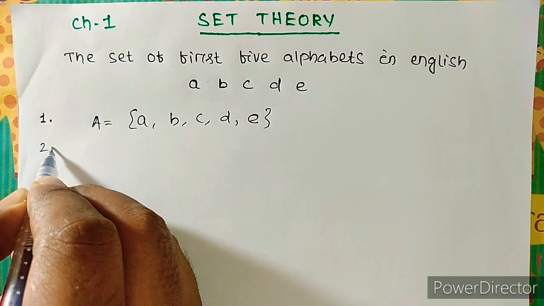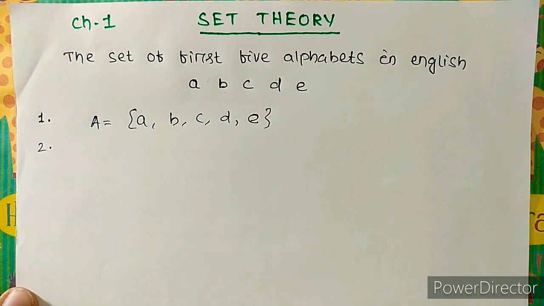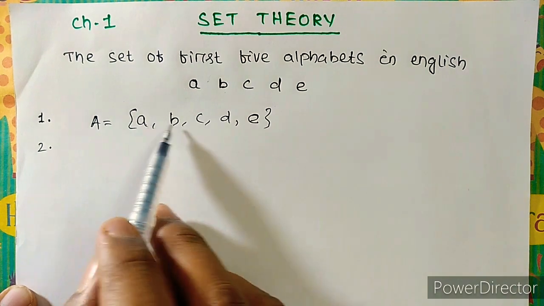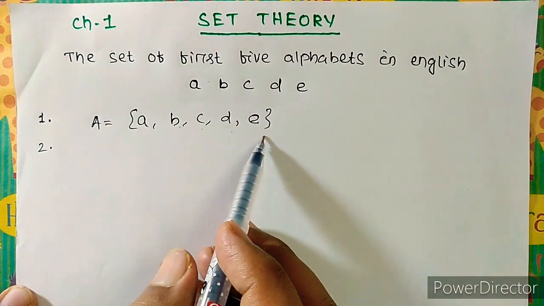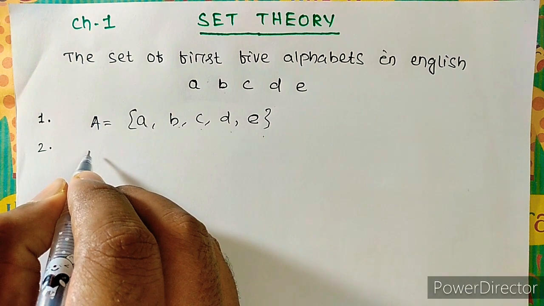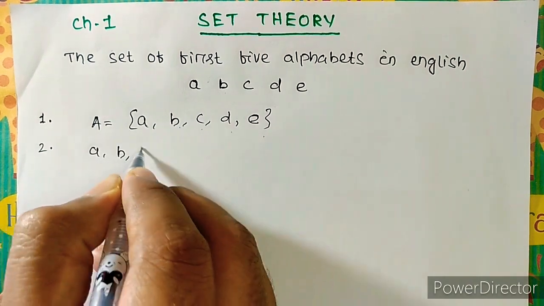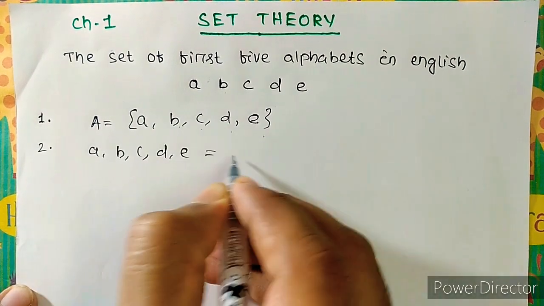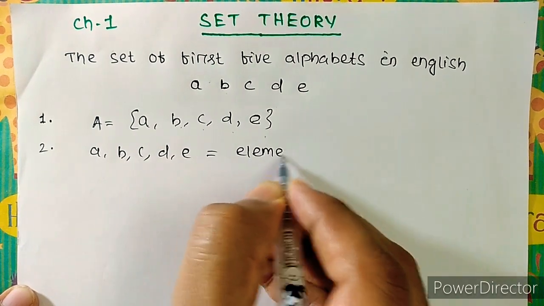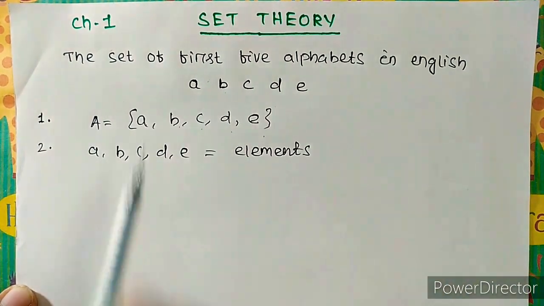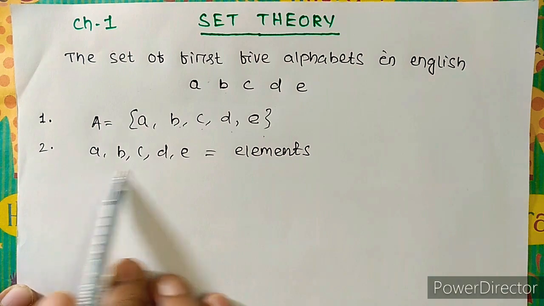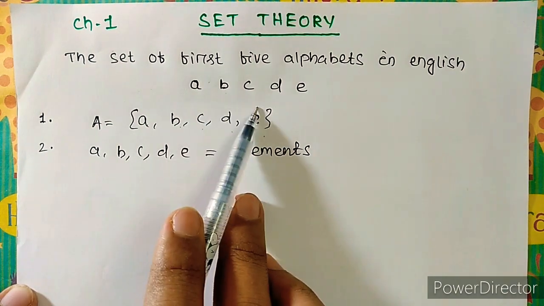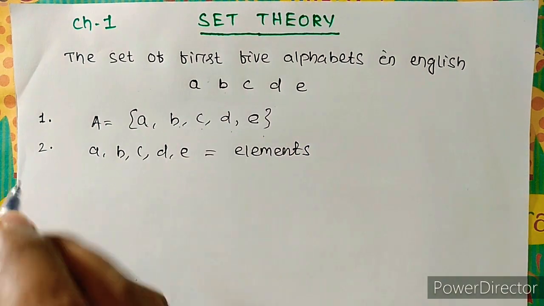The second one is that the objects of a set are called its elements. Obviously the answers A, B, C, D, E are the elements. For this question we have 5 elements, and each one we call an element.